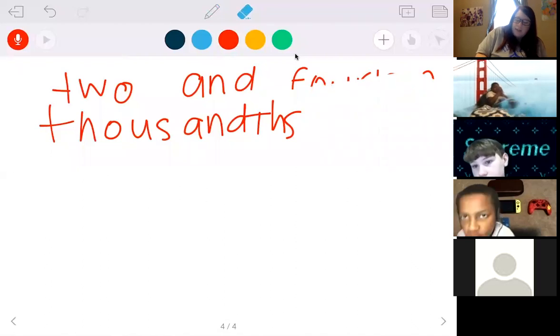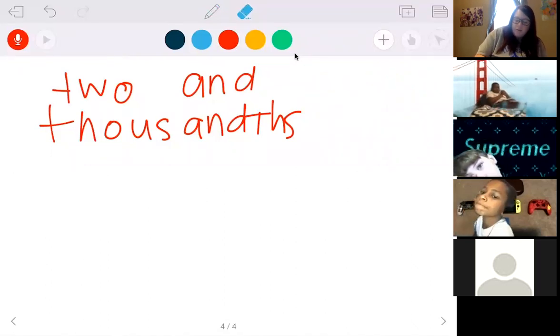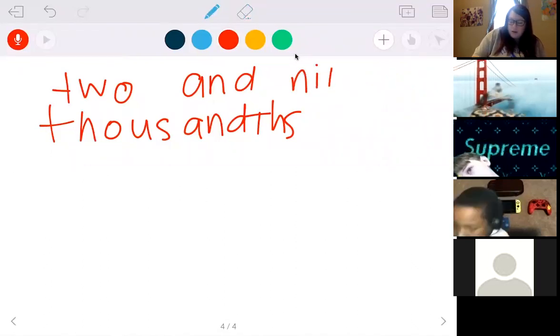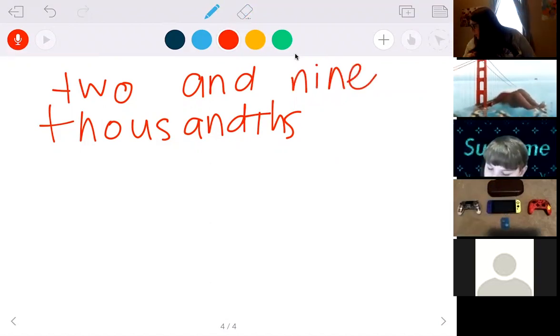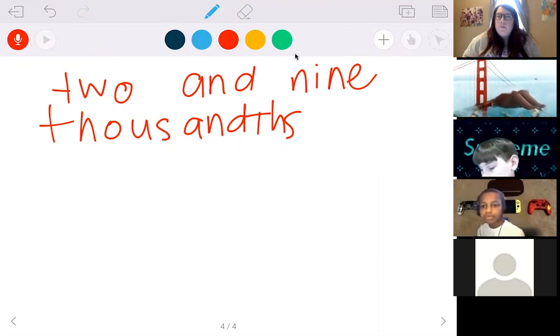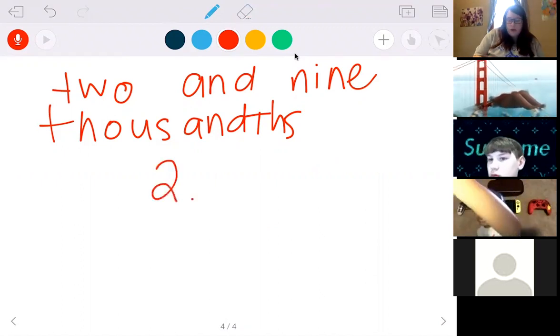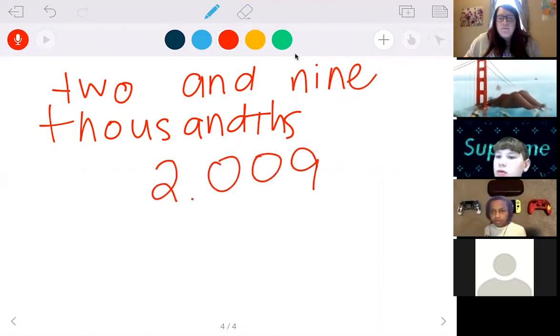Change 14 to 9. 2 and 9 thousandths. Okay, if you wrote that, you should have 2 decimal 0 0 9.